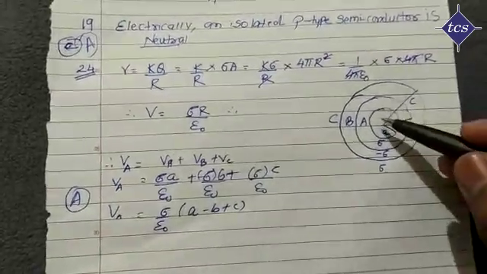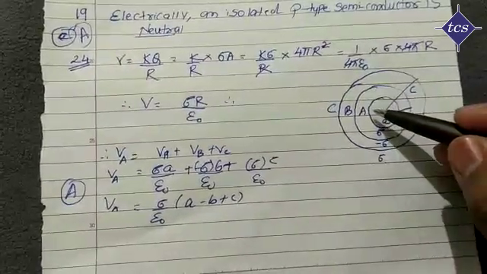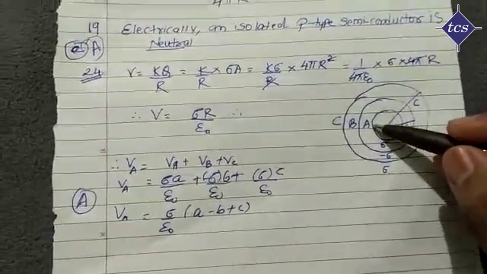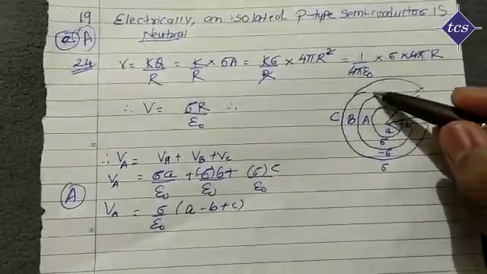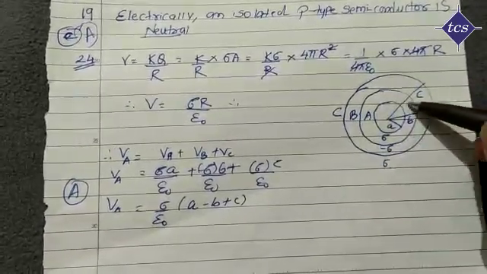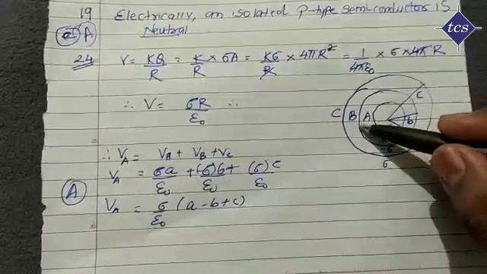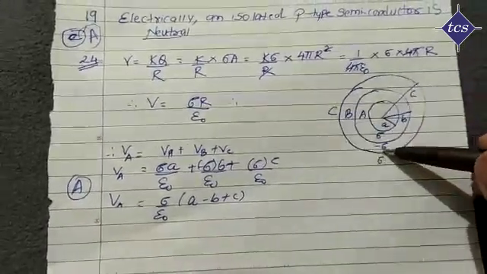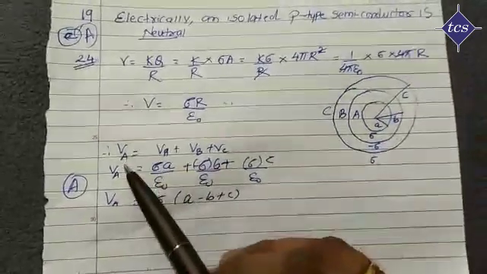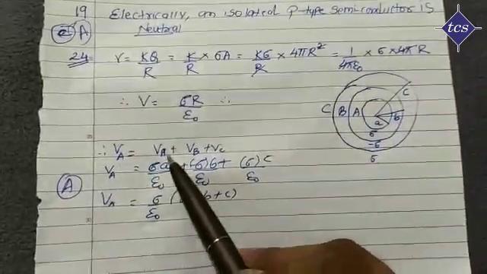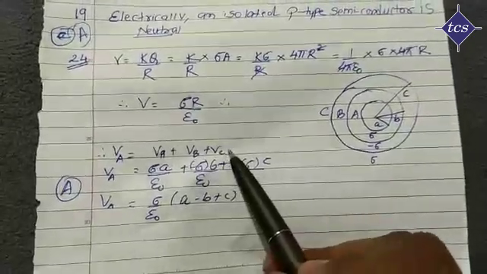Now first of all, on shell A, potential will be created due to the surface charge density of shell A, plus potential due to the surface charge density of shell B, plus potential due to the surface charge density of shell C. So potential at point A on shell A will be equal to VA plus VB plus VC.